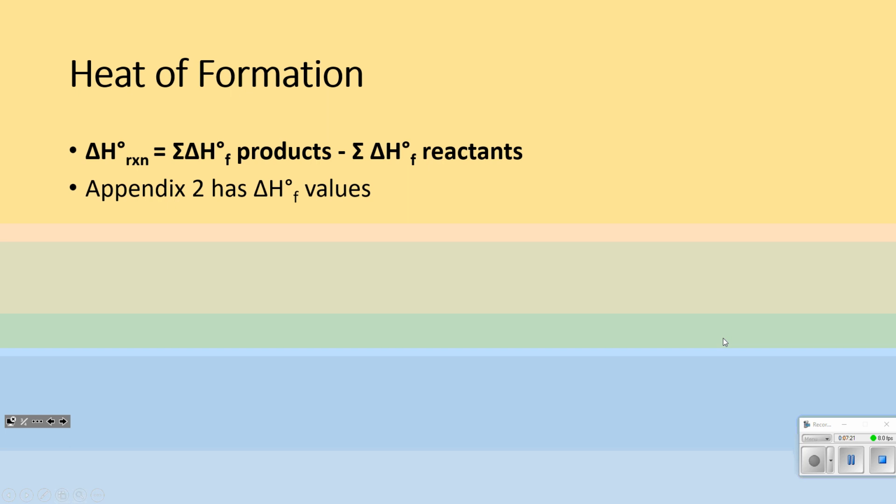Basically, when you're looking at Appendix 2, the back of your book, which you're going to have to use a little bit today, you're going to see that some things are given a zero value. That's considered their most stable state. So for example, I know oxygen gas, O2 gas, is considered normal and stable, so they just gave that value as zero. And then they compare that versus other forms of oxygen. Maybe it's ozone, O3.